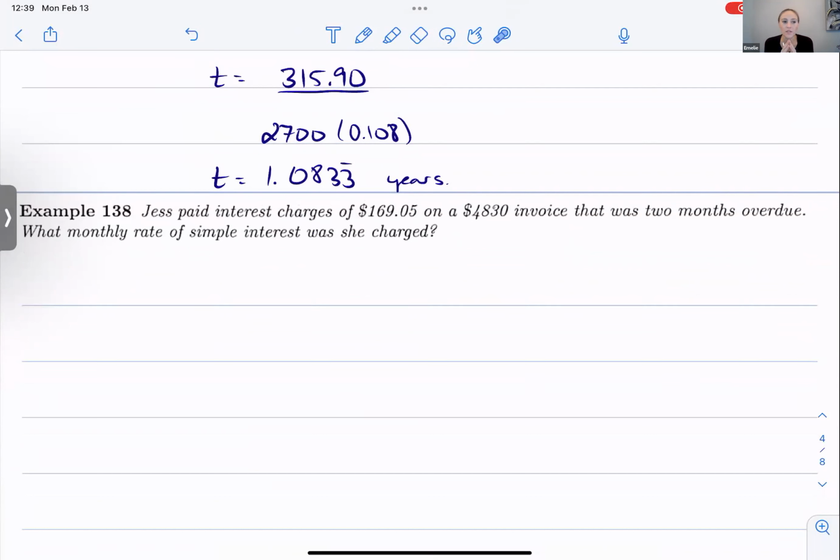What monthly rate of simple interest was she charged? So now it's asking for the monthly rate. You can do the reverse of what we did, because R is going to be in years. And so now if you want to convert it to a monthly rate, you'd have to divide it by 12. So a couple of things to keep an eye out for, but I'll give you 2 minutes to work through that, or maybe just a smidge less.